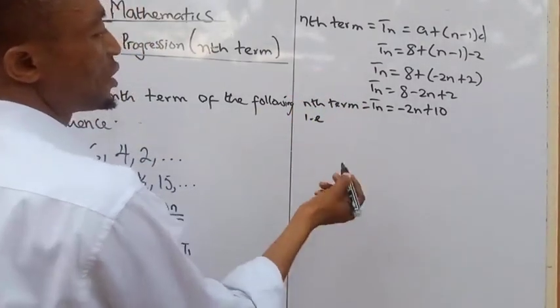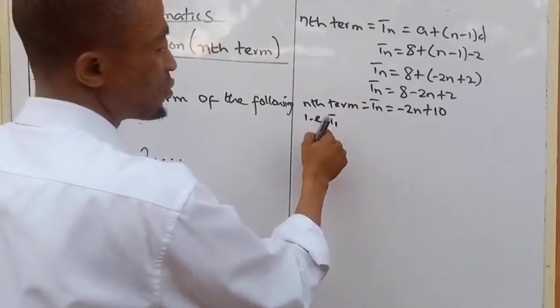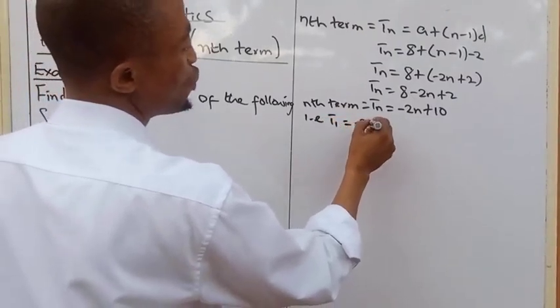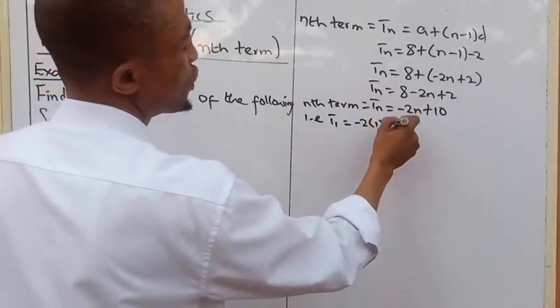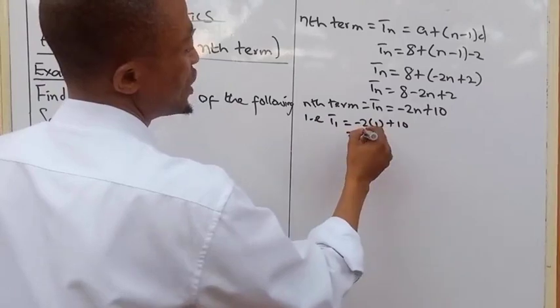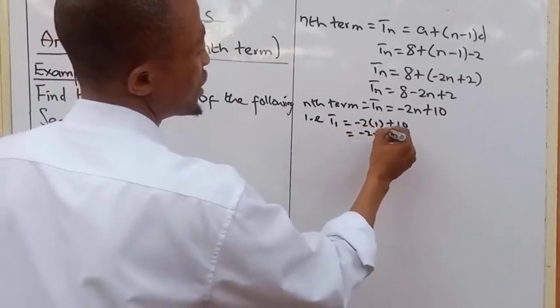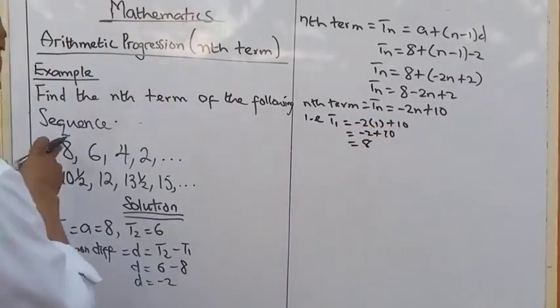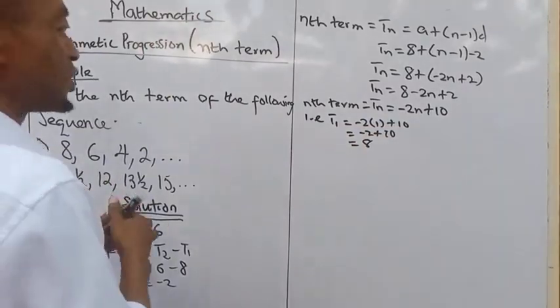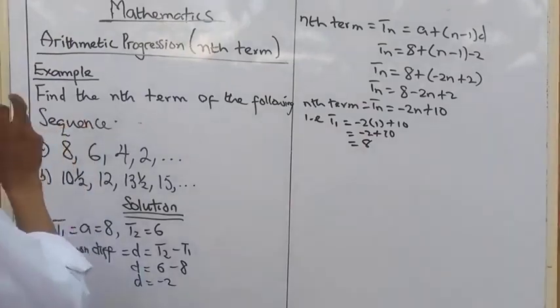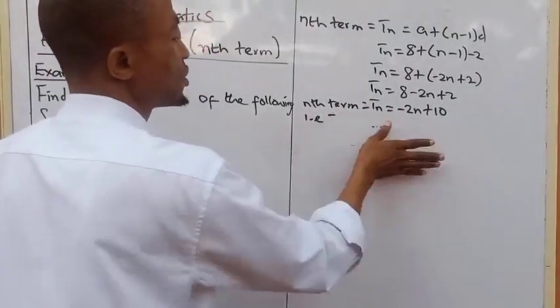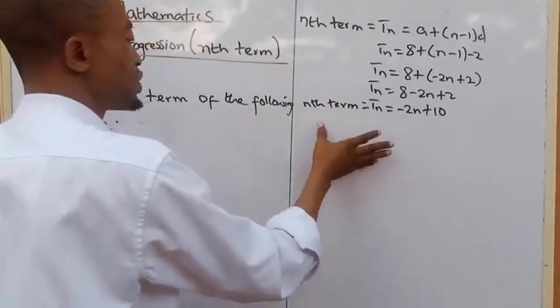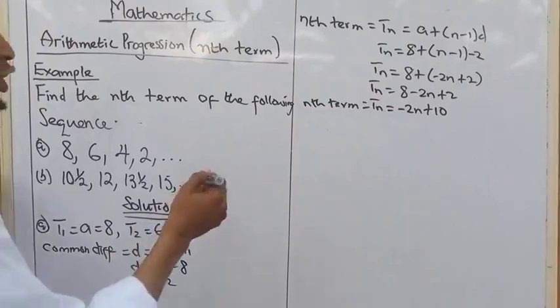Checking T1, first term, that equals negative 2 open bracket our n, that's 1, plus 10, that will give us negative 2 plus 10, and that will give us 8. If you find the second term T2, you will get 6. So that is it.